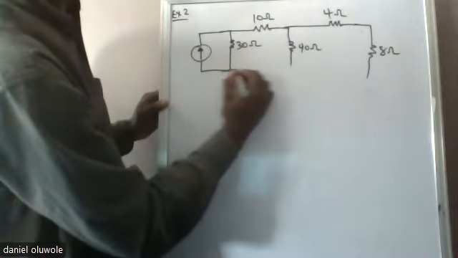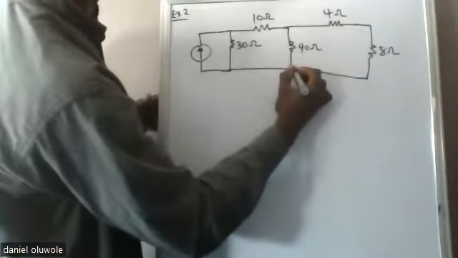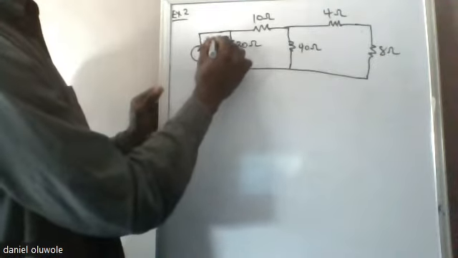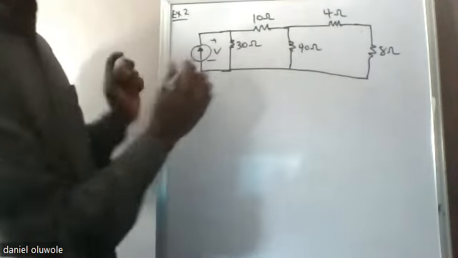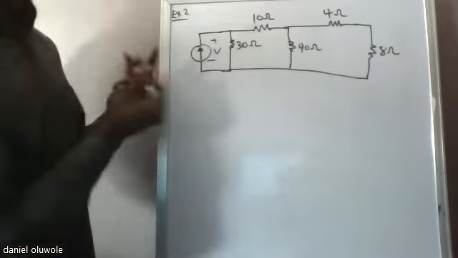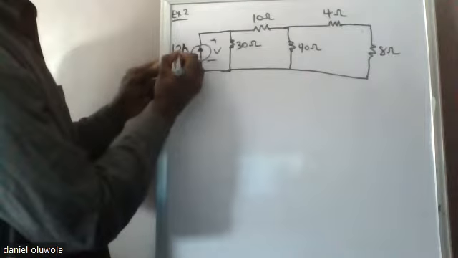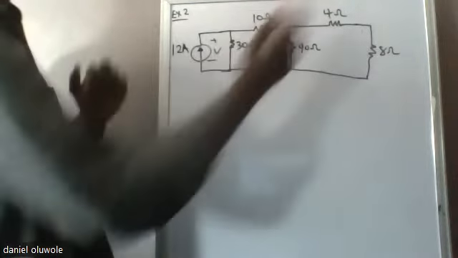The whole idea of this is just to get you used to series and parallel networks. Of course, in every current source you have a voltage across. The value of the current source is 12 amps, so we have 12 amps feeding this whole circuit.